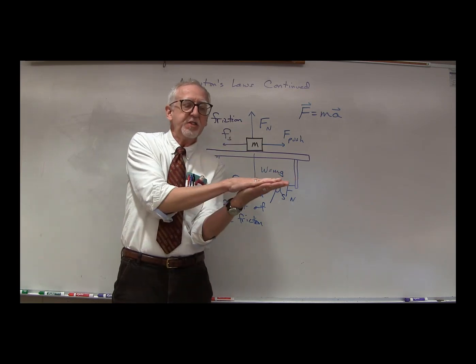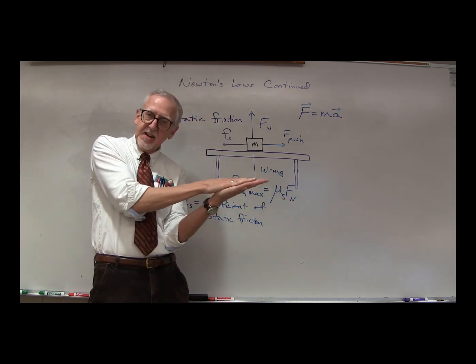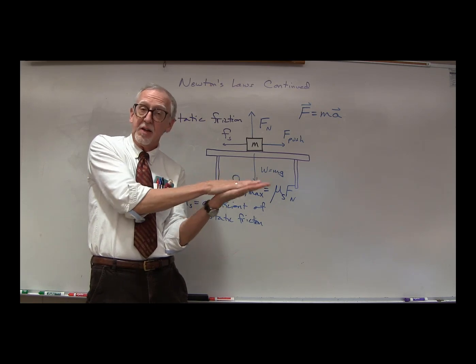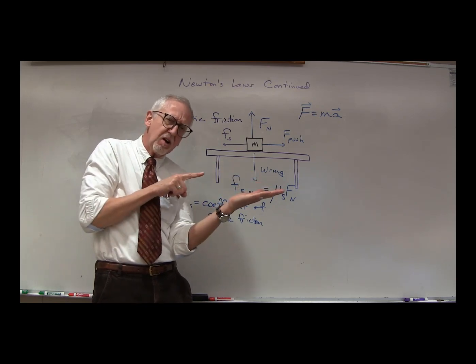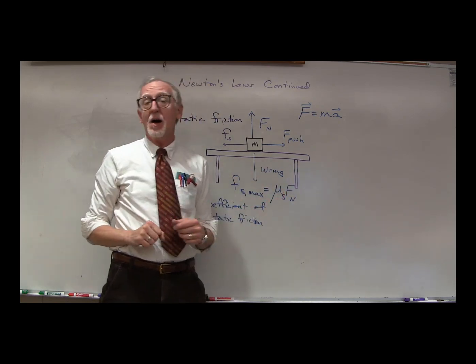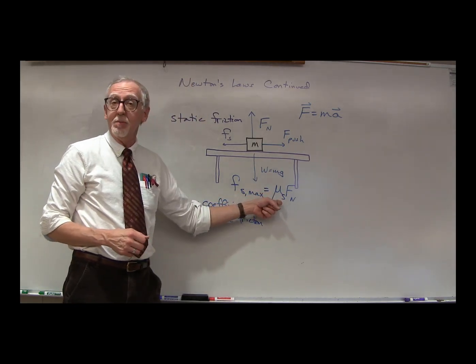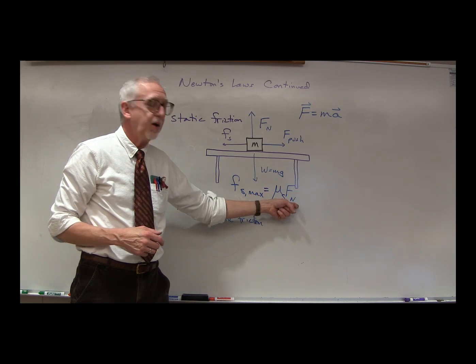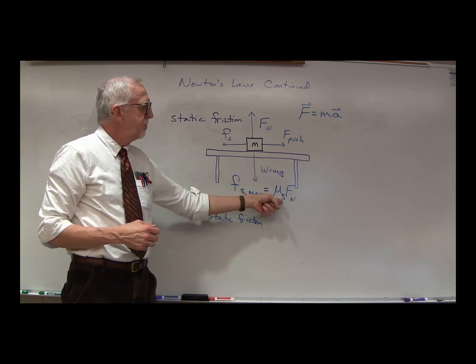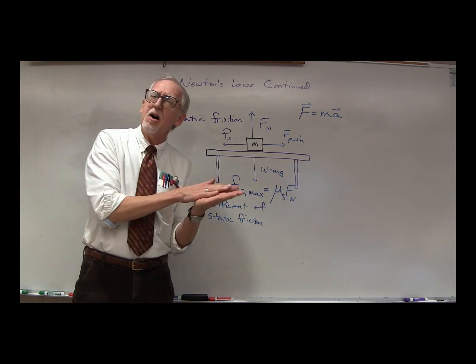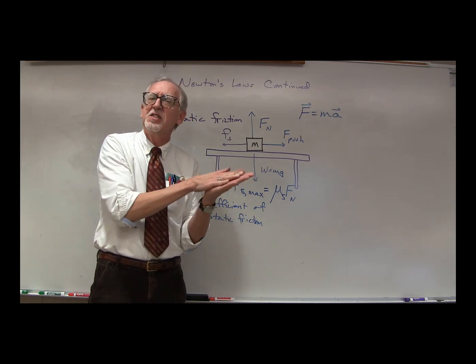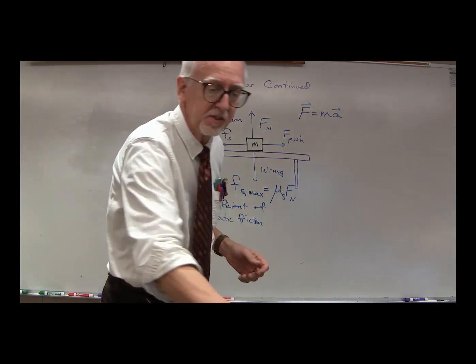If we have two surfaces that are very sticky and do not slide very easily, then it would take a much larger force to get the object to move. Fs max would be large, and mu s would be large in that case, multiplying the normal force. So mu s basically tells us how much friction, how sticky are these two surfaces.